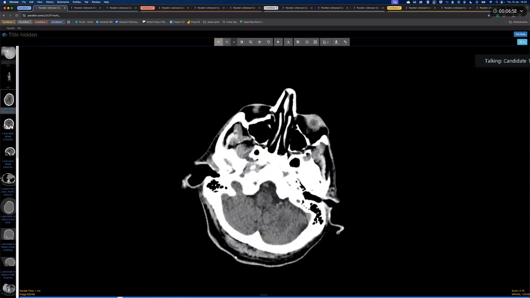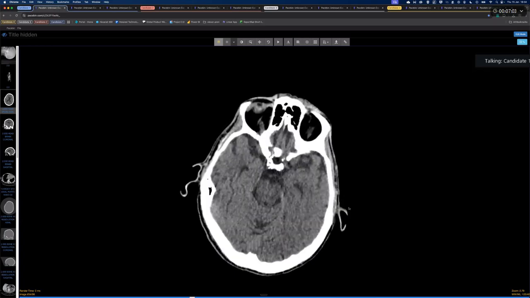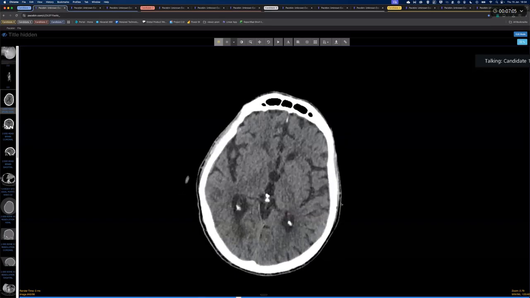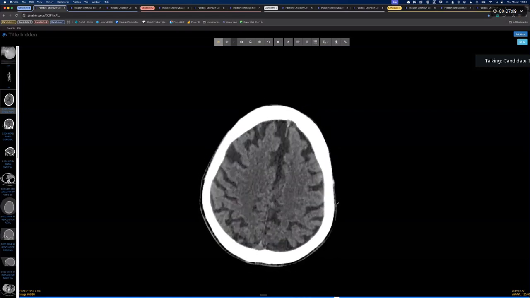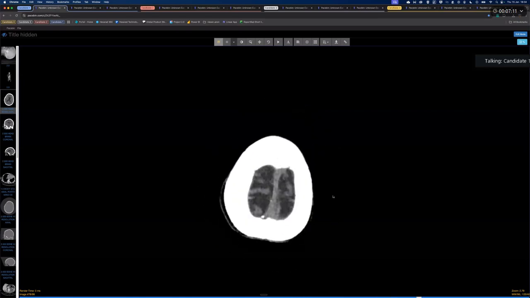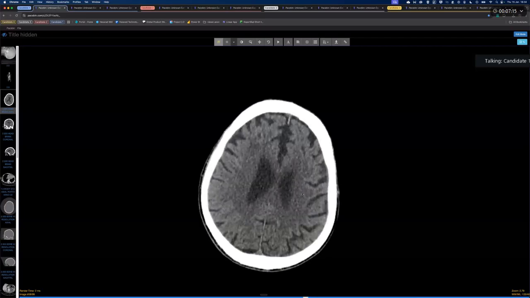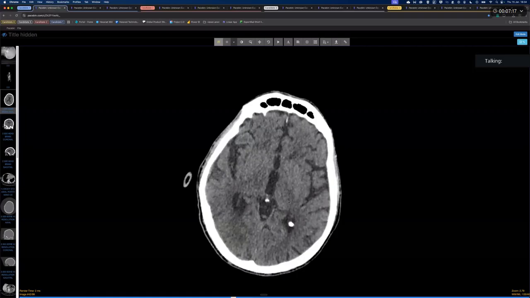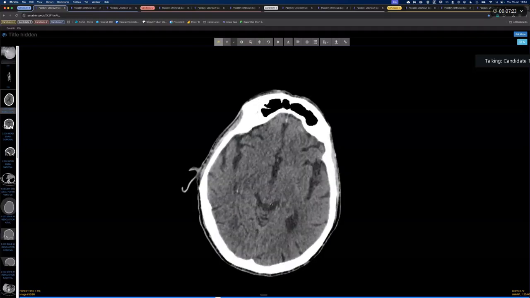Okay, so I'm presented with a CT scan of a gentleman presenting with headache. I would like to have a general look before starting my comments. The CT is axial cuts without contrast. There is a small hypodensity seen in the right periventricular region, could be representing a lacunar infarct.